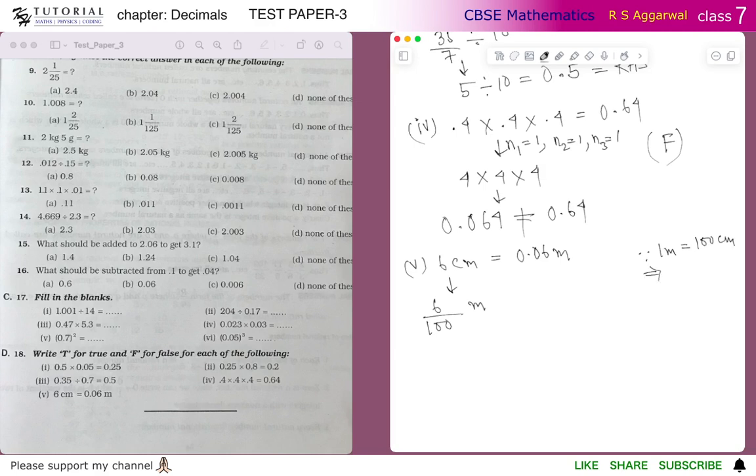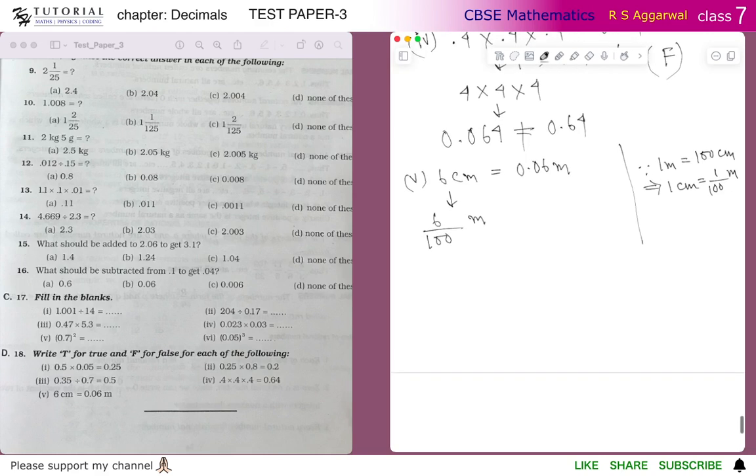This implies that 1 centimeter equals 1 by 100 meter. Okay. Now we have to find what is 6 by 100. So 6.0 divided by 100. So we have to shift the decimal point to the left side 2 places. So this becomes 0.06, and this is equal to the right hand side. So this is a true statement.